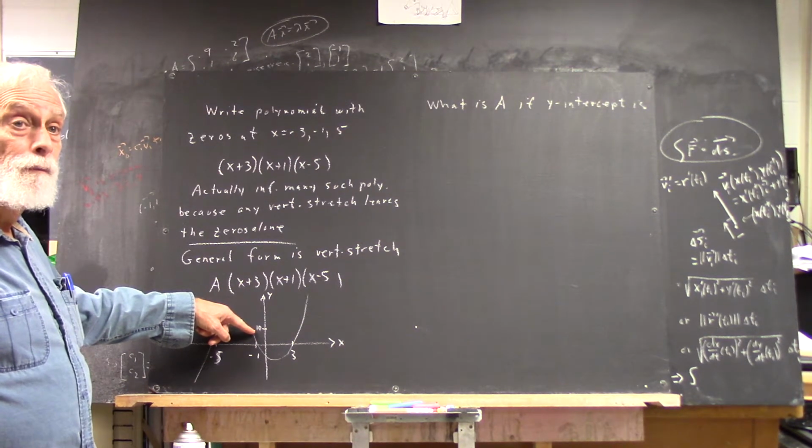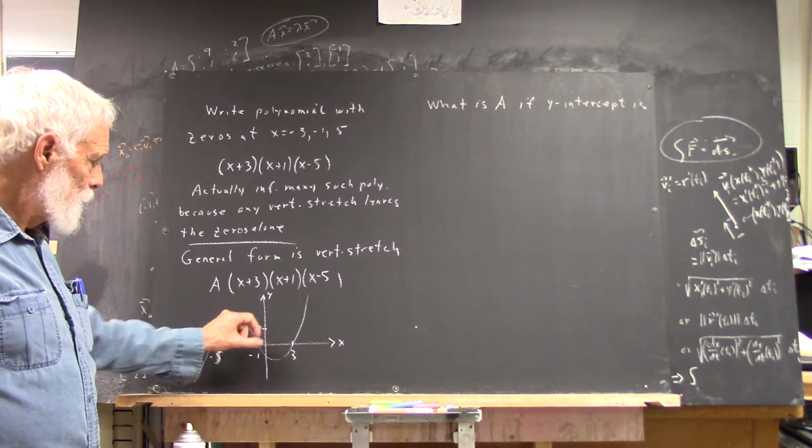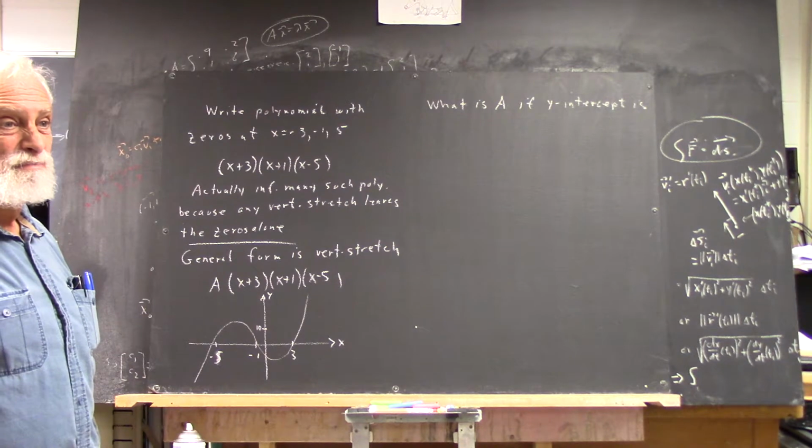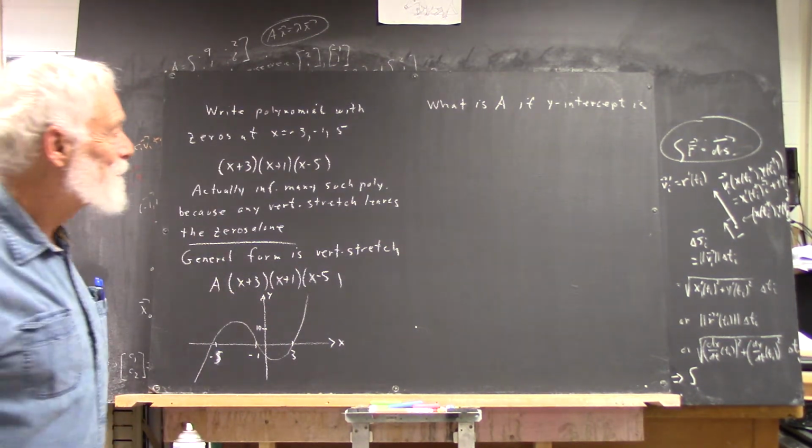Negative 10. It almost looks like negative 10 to me. Yeah, but it's not quite that far. I'd say it's negative 8. Just being contrary, I don't want to use 10. Okay?